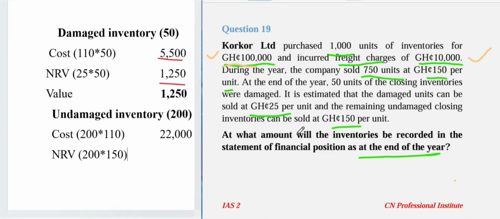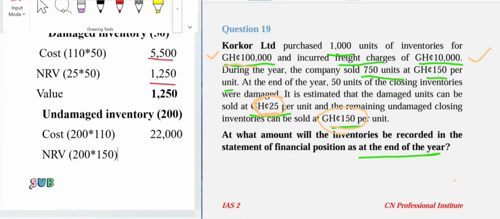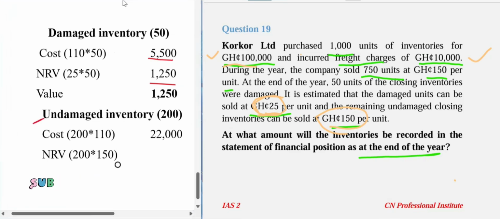Be very careful. If you come and check the selling prices here, this 25 cedis here is the selling price for the one that is damaged. And this 150 is the selling price for the one that's not damaged. So as we were valuing the undamaged, we have to use the 150 as the selling price for the undamaged.